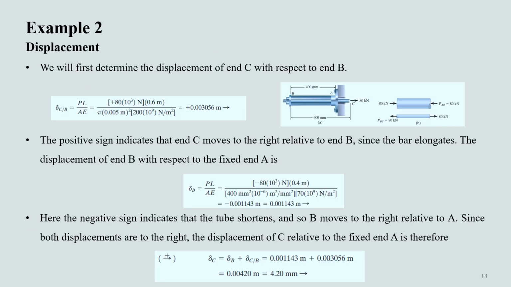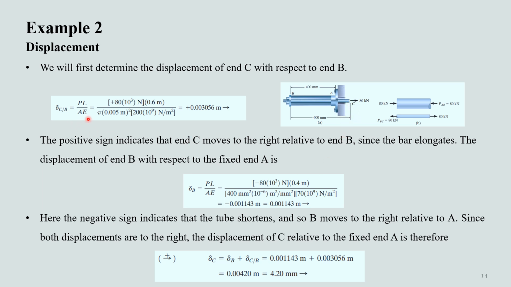In order to determine the displacement of the point C with respect to the fixed end, we'll have to divide this displacement in two parts. First, we need to determine the displacement of point C with respect to point B. For this, we'll consider the length of this whole assembly, that is 0.6 meter, and the area of just this steel rod.